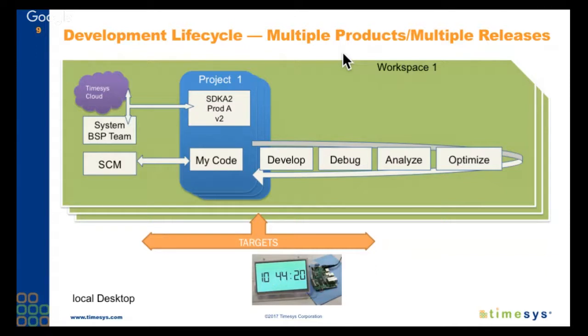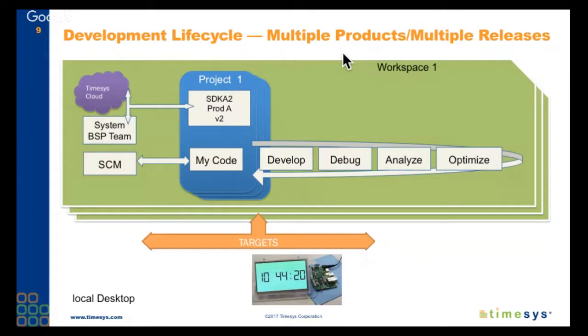Okay? Now, at this point, you can ask yourself, okay, so I have my project 1, and it's working well on this one embedded board, but my colleague doesn't have any hardware available on his desk. How can he try to develop with the same IDE or take a look at my code?